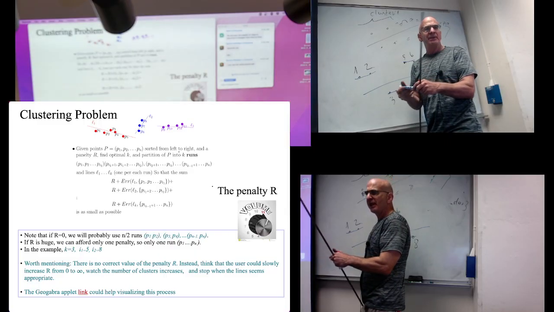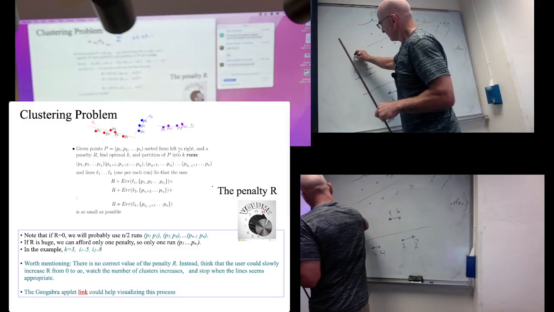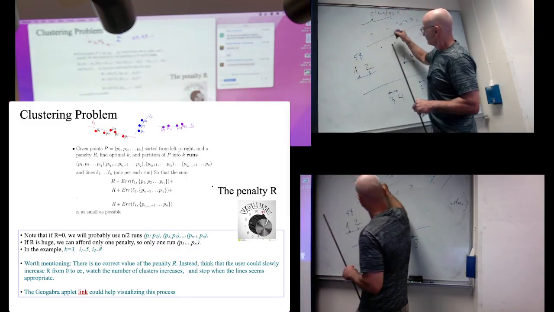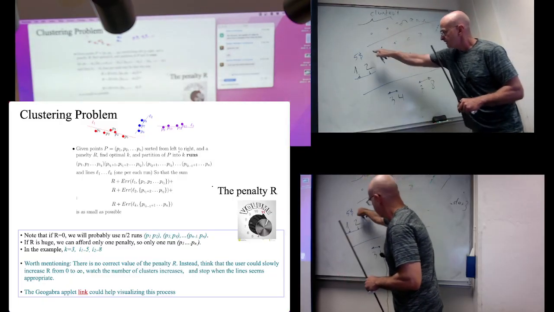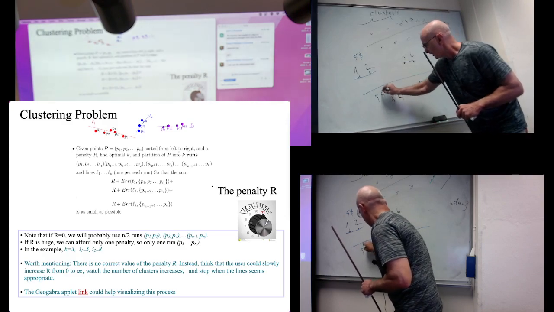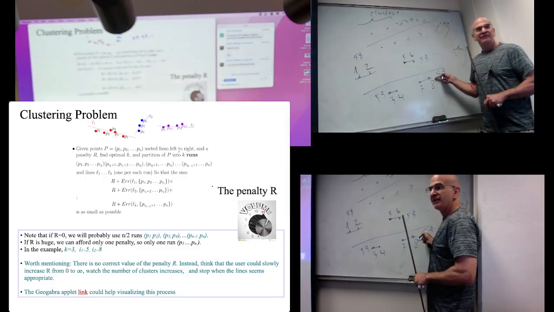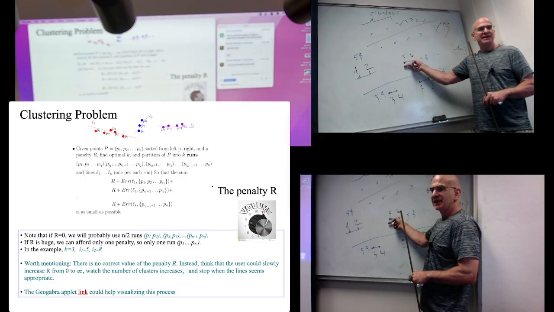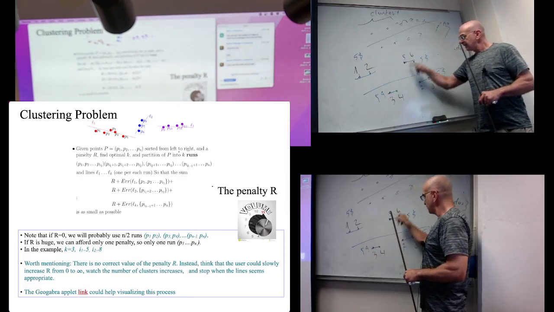Every time you start a cluster, you need to pay a penalty of $5 plus the errors that you are getting. $5 per each cluster. $5, $5, $5, $5. So here I have 0 error, as far as my lines fit the clusters very well, but since I have a lot of clusters, I need to pay $20.